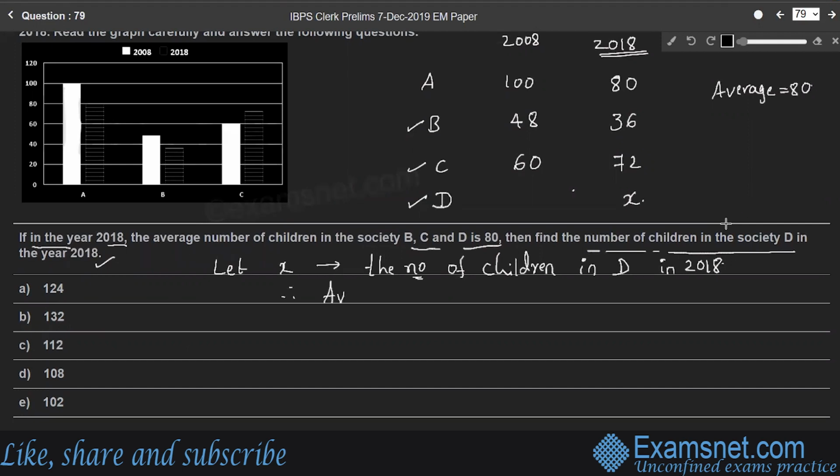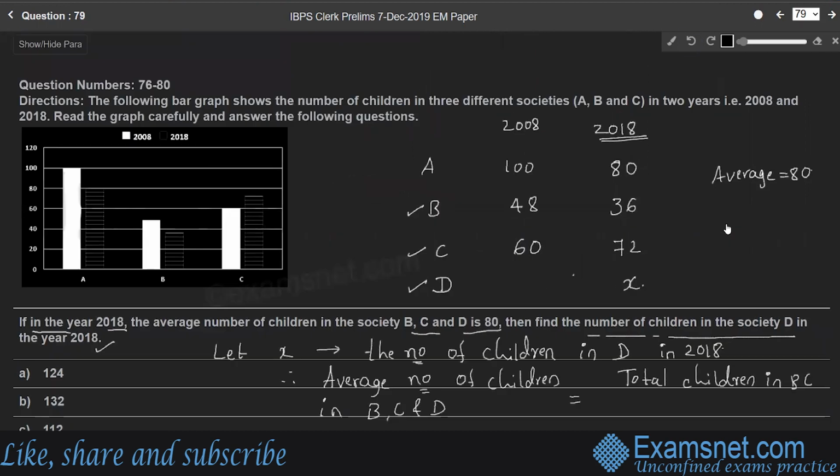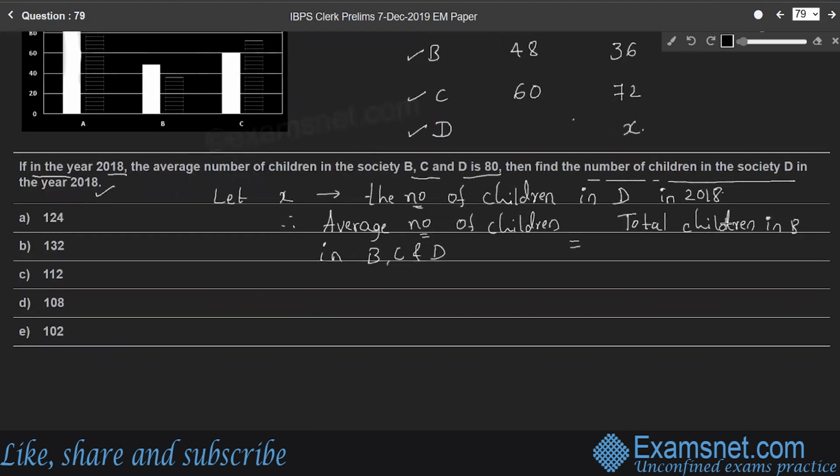Therefore, the average number of children in B, C and D is equal to the total children in B, C and D divided by the number of societies.